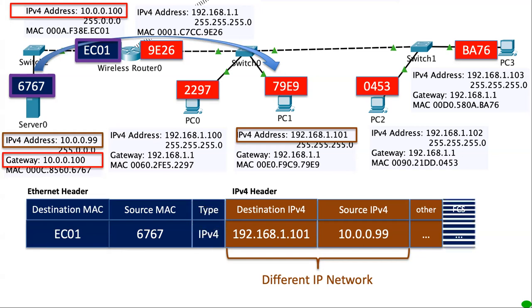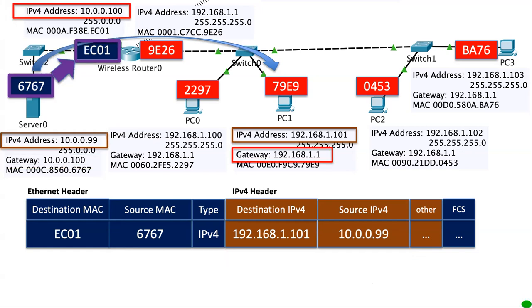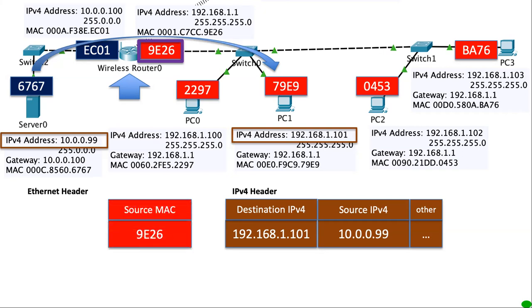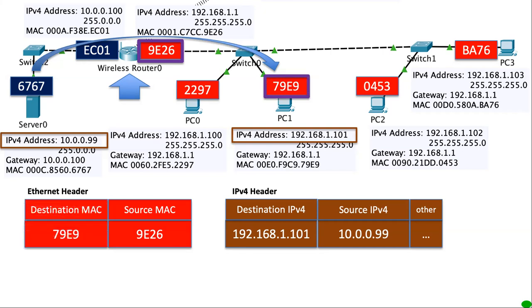The rest of the header and trailer gets encapsulated, and this Ethernet frame is sent from server 0 to the EC01 NIC card of wireless router 0. Wireless router 0 now receives this Ethernet frame, de-encapsulates the header and trailer, examines the destination IPv4 address and determines that it can send it directly to this destination address. So it's going to encapsulate it in a new Ethernet frame with the source MAC address 9E26 and the destination MAC address of 79E9.